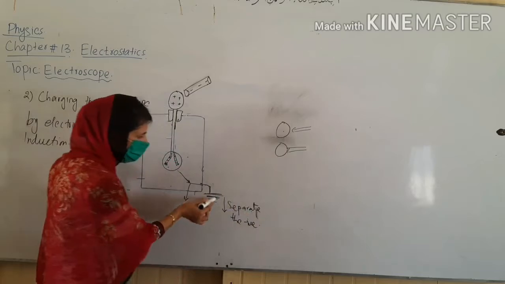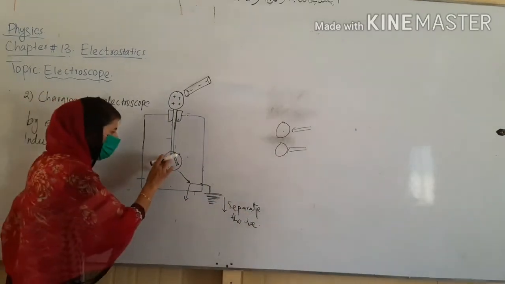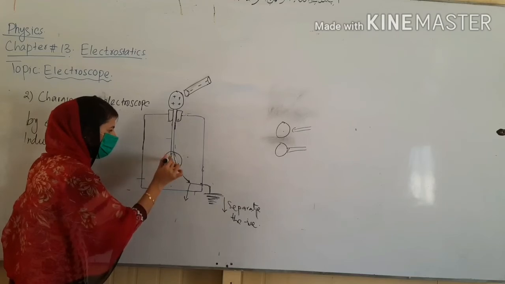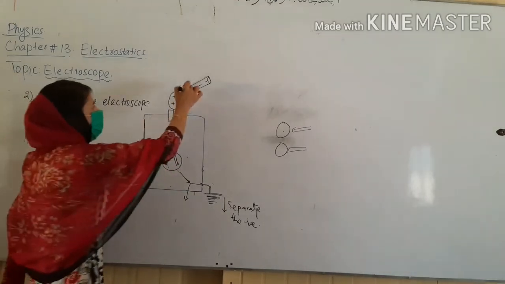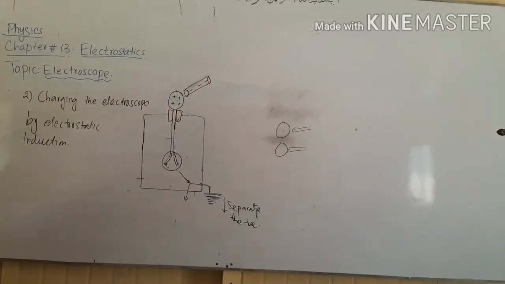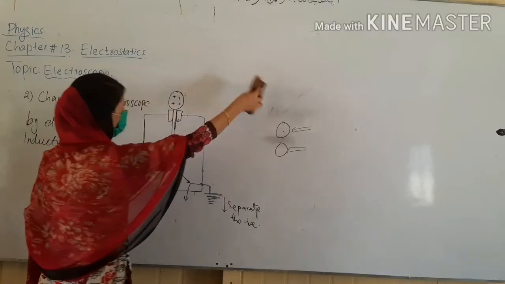Negative charges को मैंने aluminium से ground करके यहाँ से remove कर दिया. Now there are no negative charges further. Is it clear now? Now if I remove the charged body away from the electroscope.